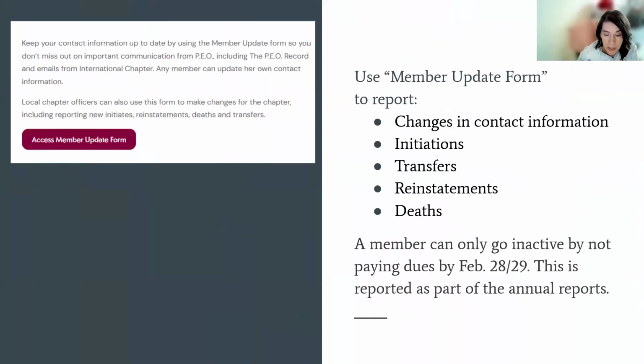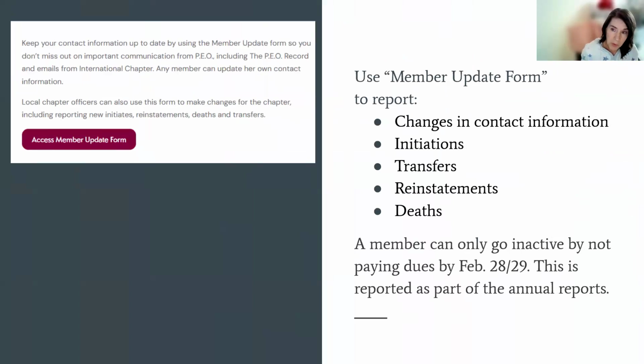If there are any changes to anyone's status or contact information, it is the responsibility of the corresponding secretary to let international know. They have no clue that someone new joined P.E.O. unless you tell them. They also don't know if someone entered chapter eternal unless you tell them, or if someone moved or got a new email address.